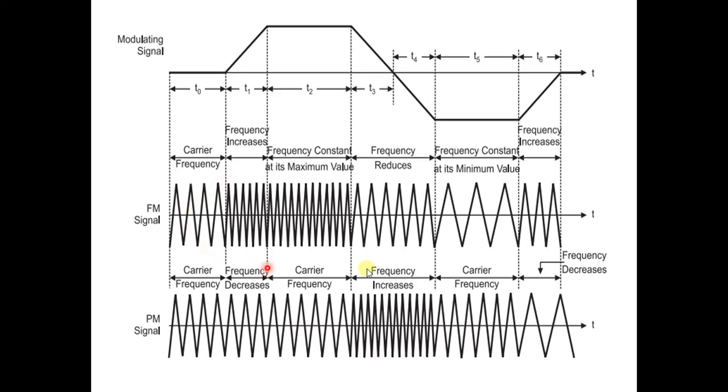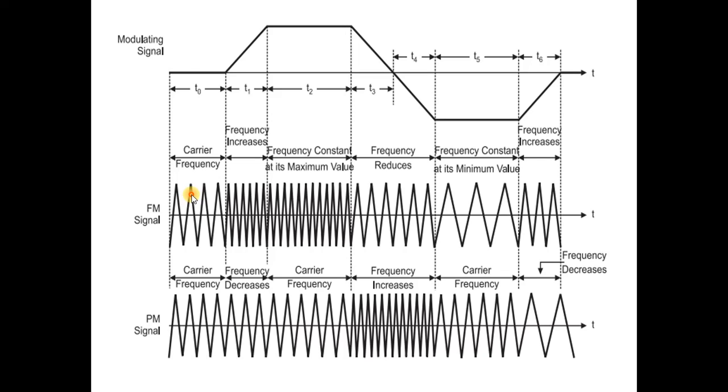Let us now see the difference between the FM and PM. We have seen that the PM basically is used to produce the frequency modulation. FM is produced by PM if and only if the phase shift is being varied, by referring to the above waveform. For a frequency modulated signal, the carrier frequency changes with change in instantaneous modulating signal value.